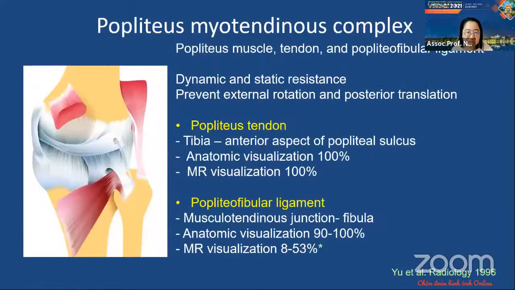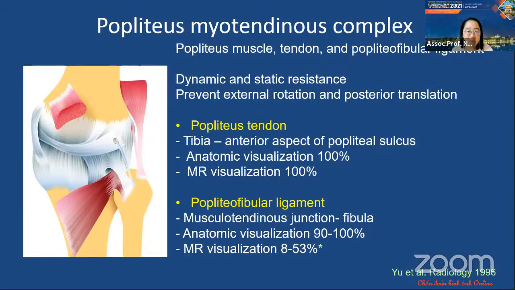Let's move to the anatomical structure, the popliteus myotendinous complex. It comprises the popliteus muscle, tendon, and popliteal fibular ligament. Because it has muscle, it helps in dynamic and static resistance. It not only prevents varus force, but it also prevents external rotation and posterior translation.